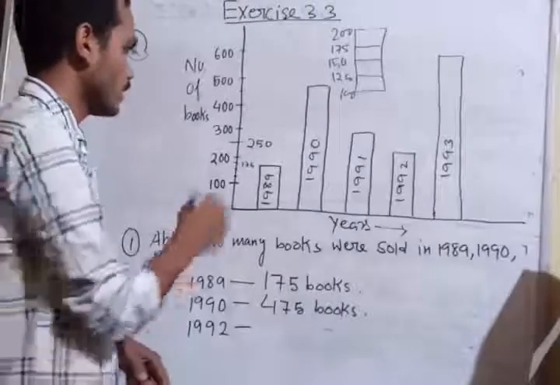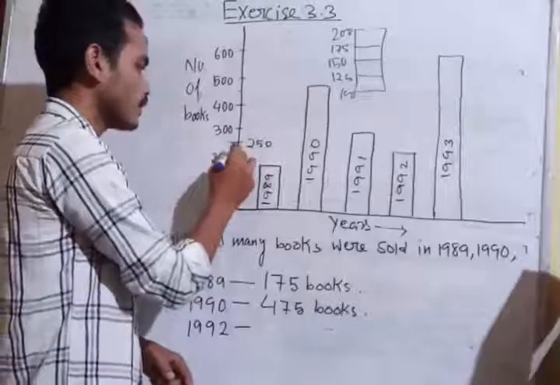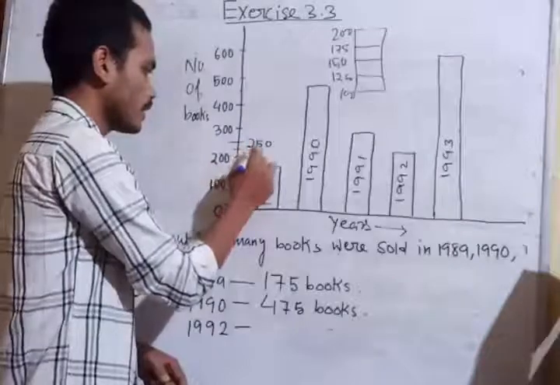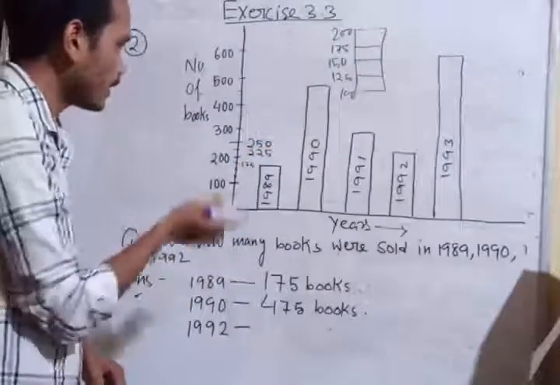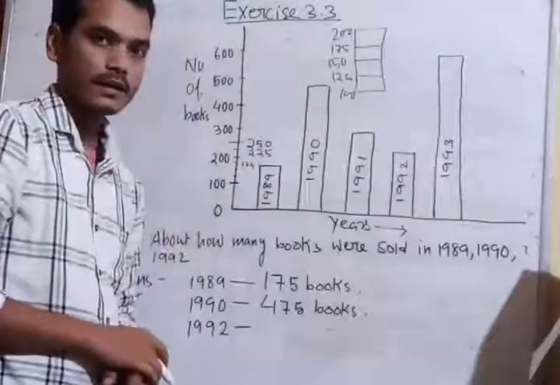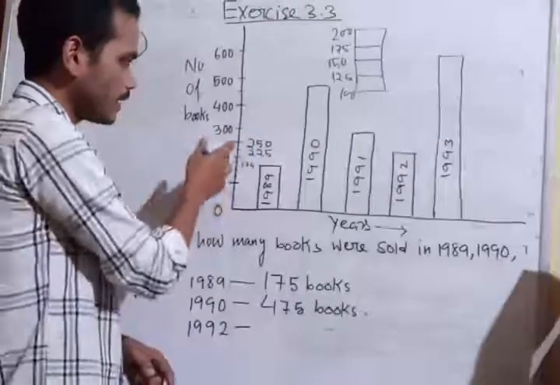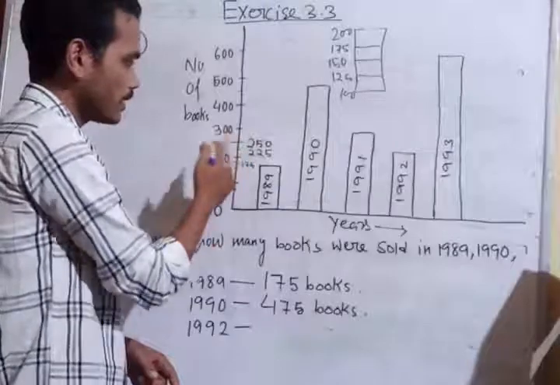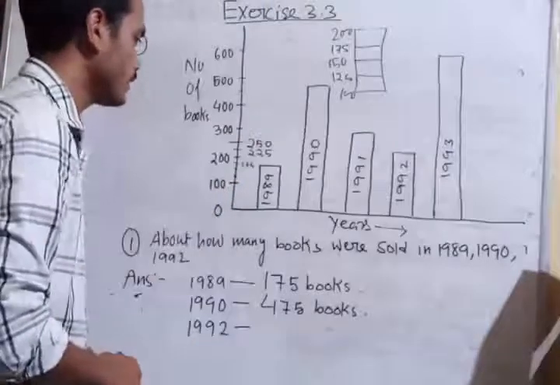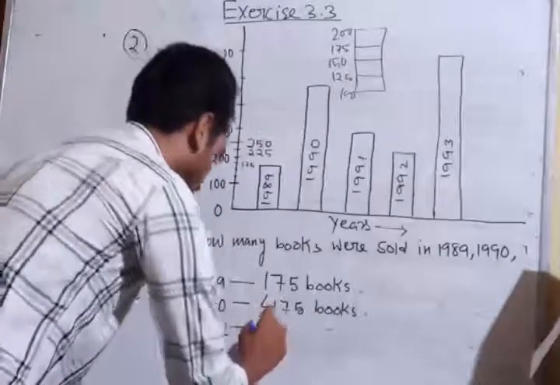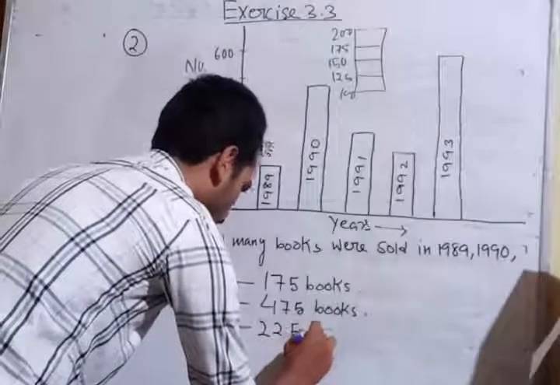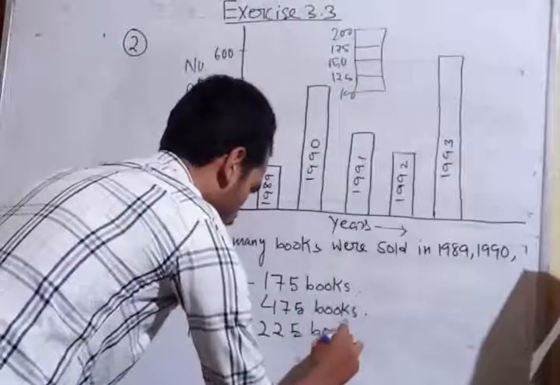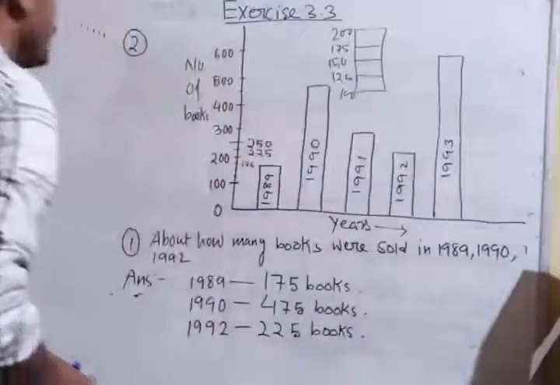That means what? It will be 200, and after 200 you are getting 225. After 225 only you are getting 250. And this is less than the middle part, means it is 225. So in 1992 this will be 225 books.